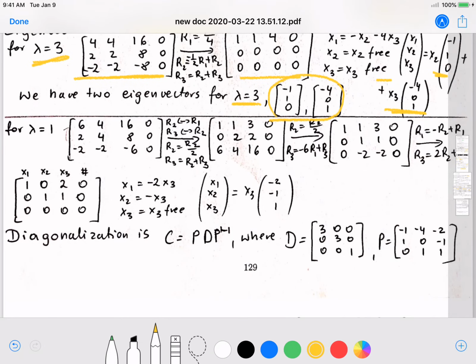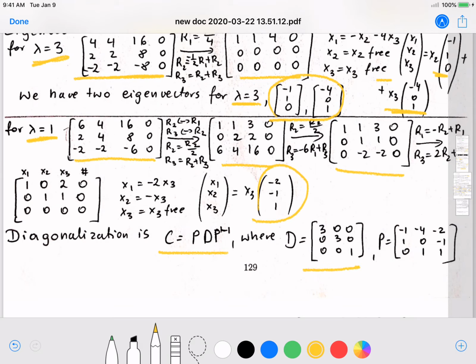Then we perform the same for lambda equal to 1: subtract 1 on the main diagonal, get the matrix, reduce, perform row operations, basically solve the system, and find the eigenvector. Then the diagonalization is nothing else but A is equal to P D P inverse.